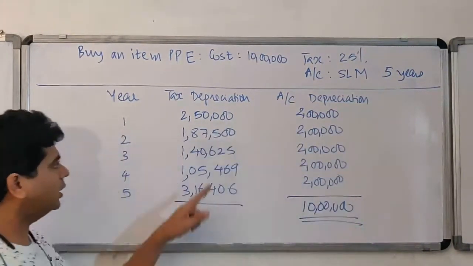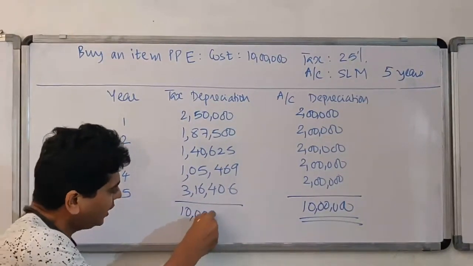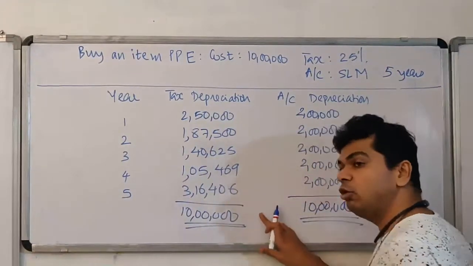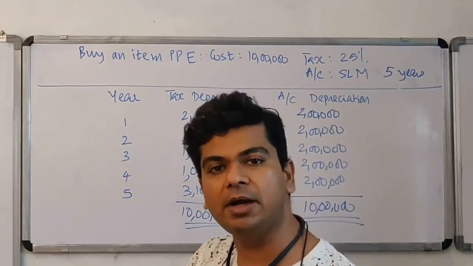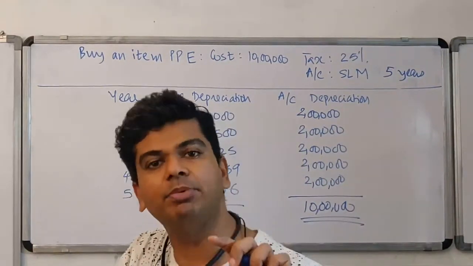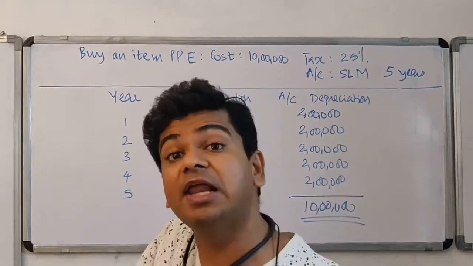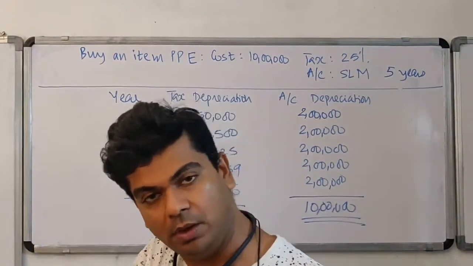If you take a total of all these amounts, this will also turn out to be 10 lakhs. So the principle that we have to understand is that although yearly depreciations are different, the total depreciation that I charge in accounts and the total depreciation that I will claim for tax will turn out to be the same.